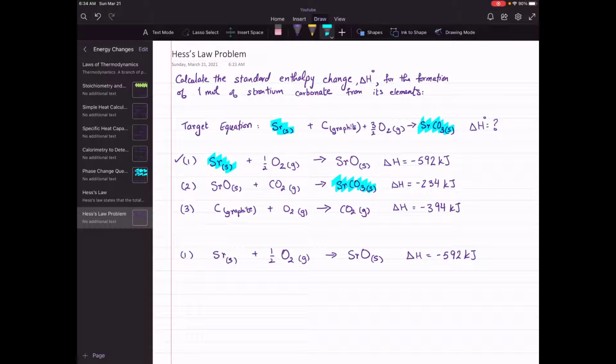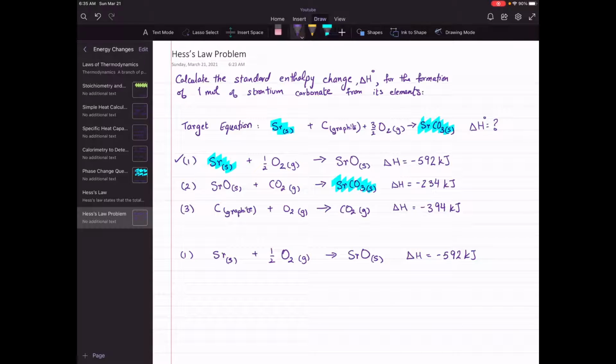Equation number 2, I see strontium carbonate in my target equation is on the right hand side. In number 2, it is also on the right hand side. So it is on the proper side. So I don't have to flip this equation. Okay, second, are the quantities the same? I need one strontium carbonate at the end. I have one strontium carbonate in my equation number 2 on the right hand side.